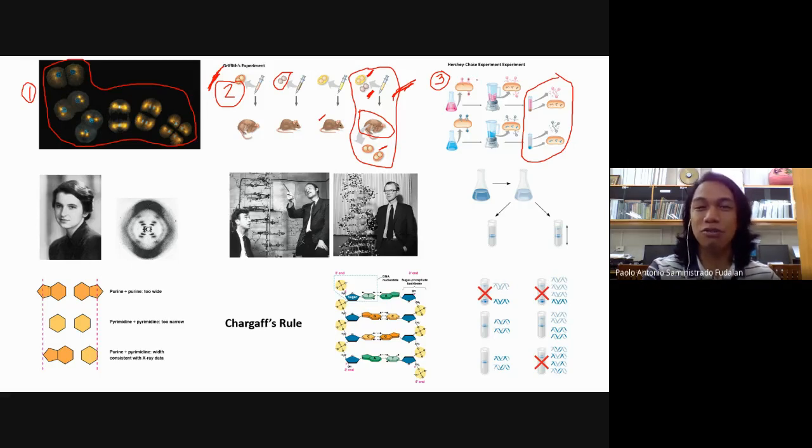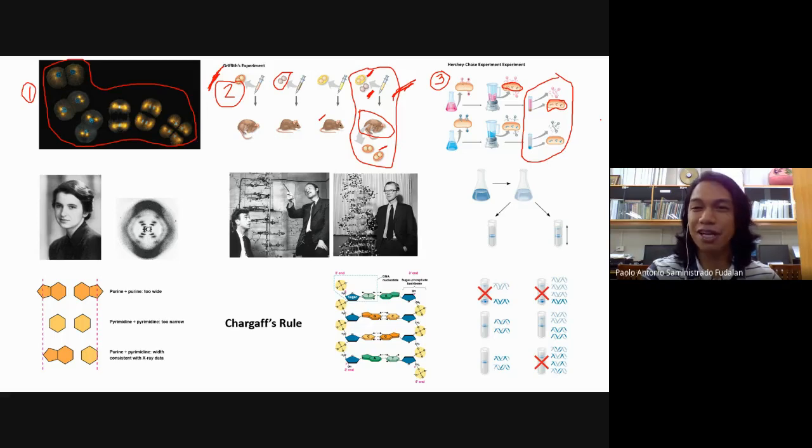And then what did they do next? Unsa man ni kani siya nga cell? What cell is this? A model organism. What bacterium?